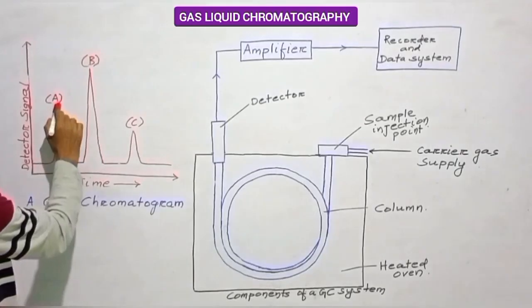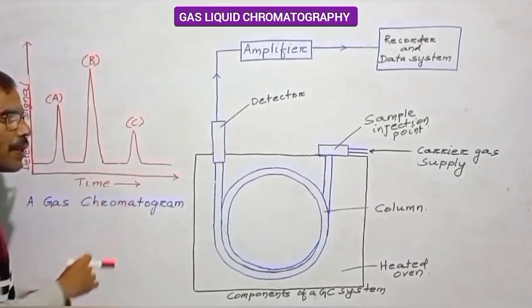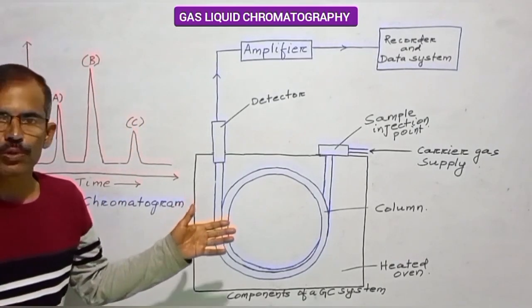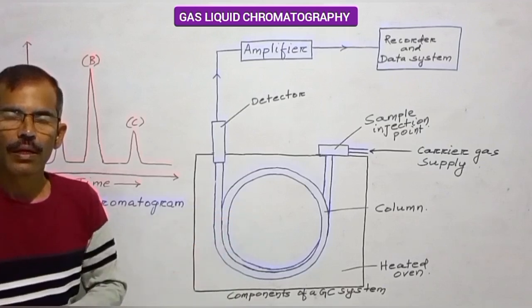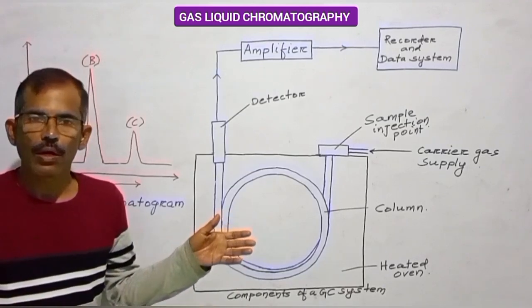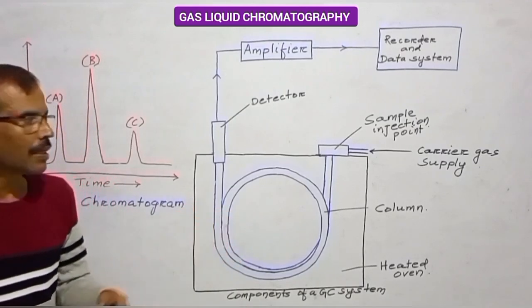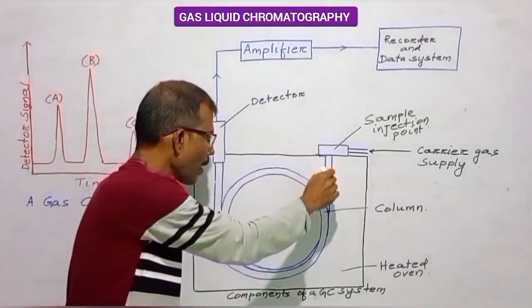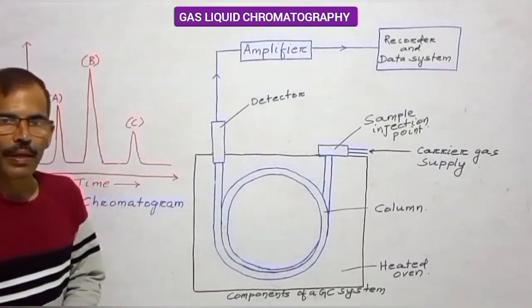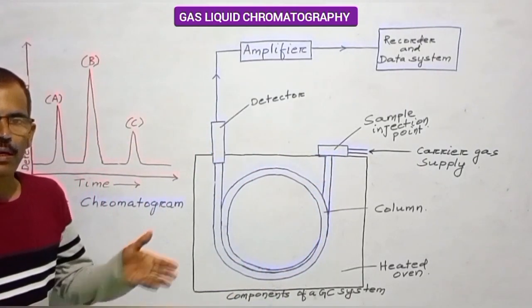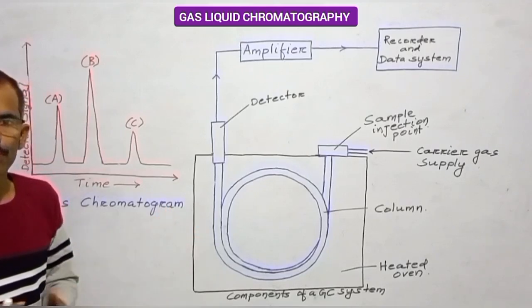The characteristic position of each peak is measured in terms of the volume of gas that has traversed through the column between the time when the sample was applied into the column and the time when the analytes are eluted out.